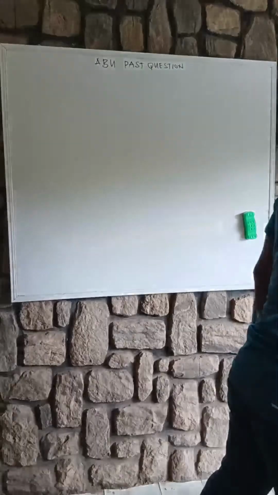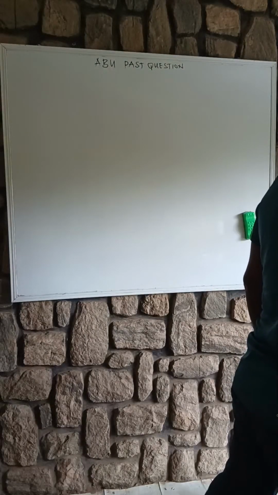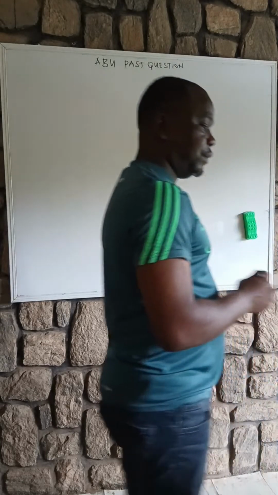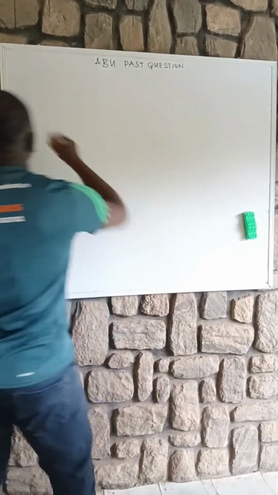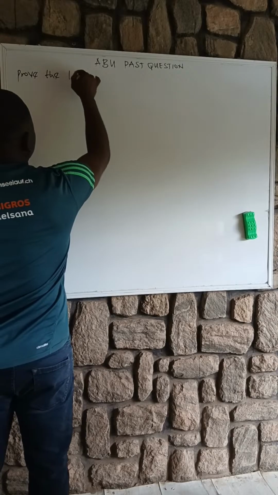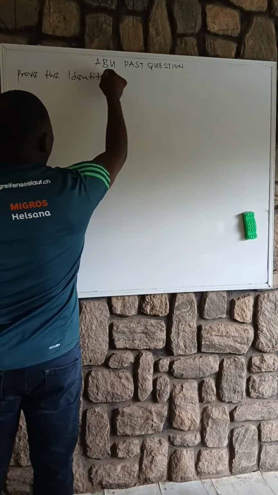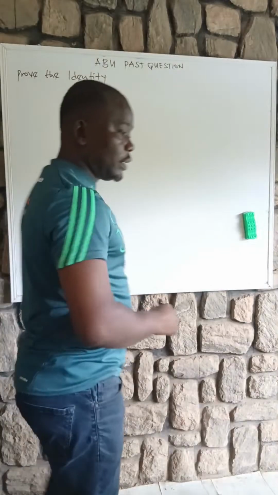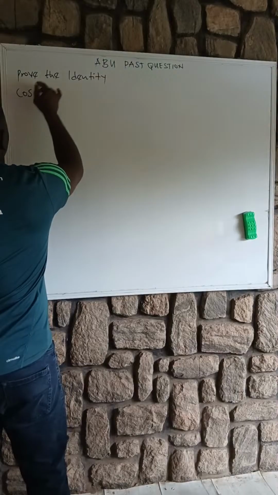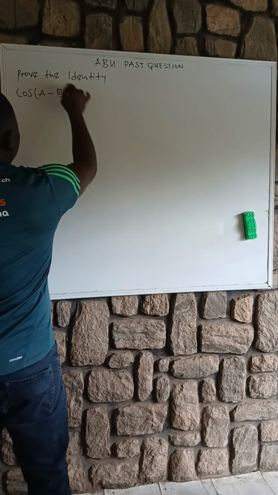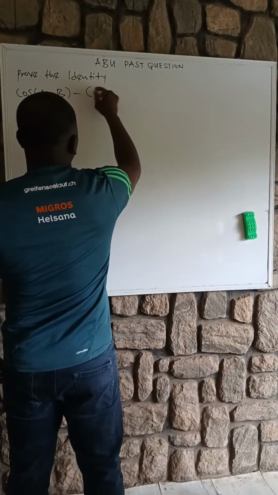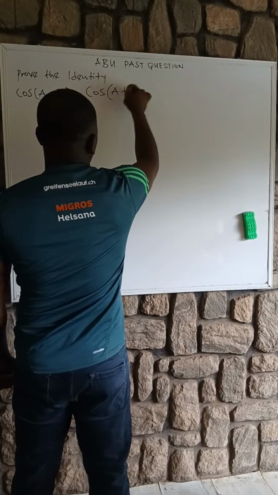Yeah, we have a question here. It says prove the identity. Okay, that is cos(A minus B) minus cos(A plus B), right?